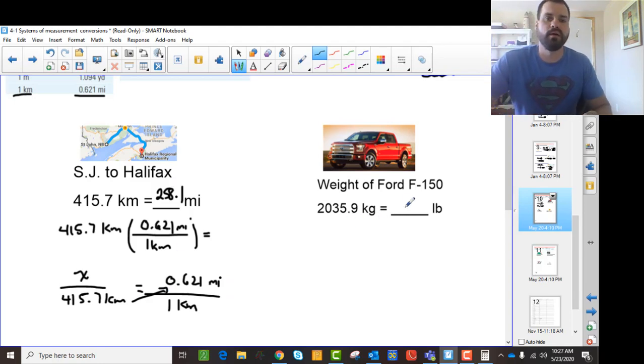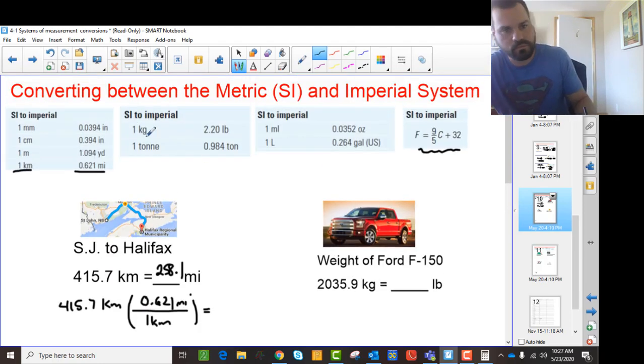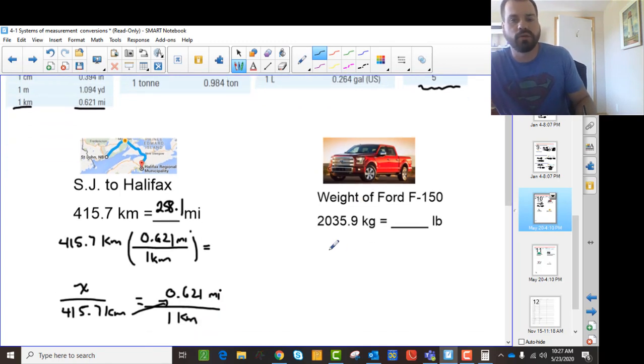Okay, kilograms to pounds. If you look at this, 1 kilogram has 2.2 pounds in it. So we're going to take 2035.9 kilograms. We want to know how many pounds are in that many kilograms. If there's 2.2 pounds in 1 kilogram, we're going to just multiply up.